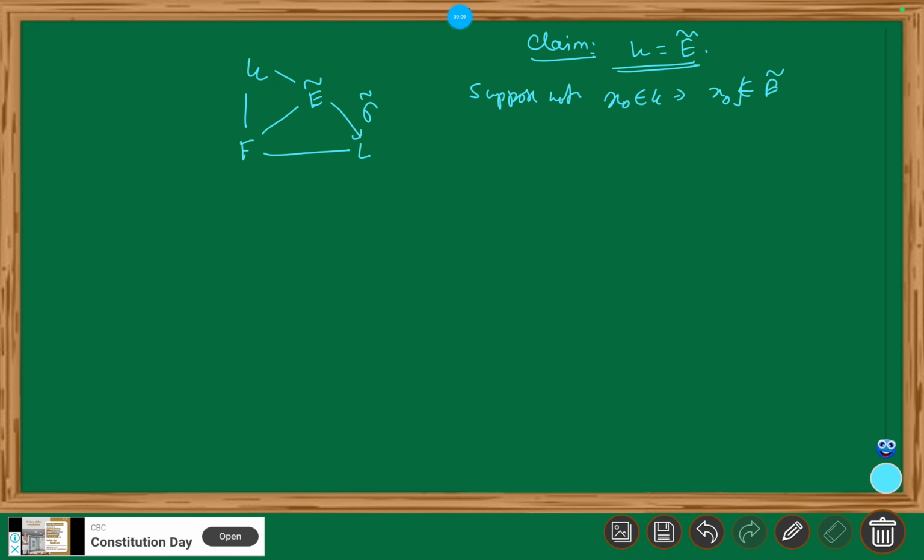So then we can again construct a field E tilde over x naught, which is in between K, and E tilde is itself my F. So x naught belongs to K, there must be some p naught x here, and it will completely split over here.